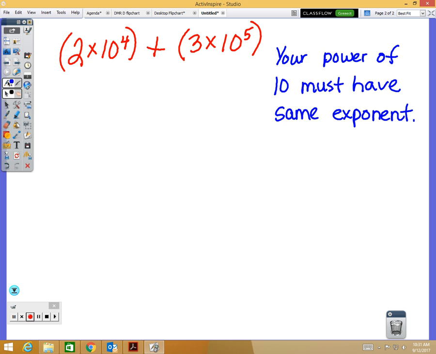And this is how we're going to do that. We're going to take the biggest exponent and change it to be the smallest exponent. So if I want to change a 5 to a 4, what do I need to subtract from it? A 1, okay? So if I need to subtract a 1 from the exponent, then I'm going to move this decimal 1 space to the right.